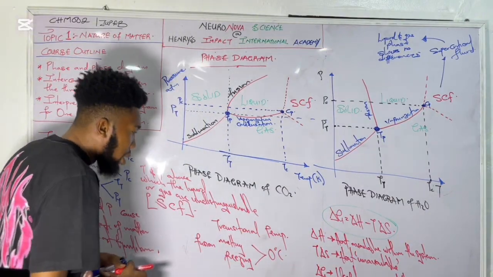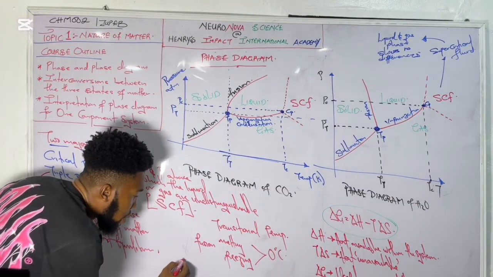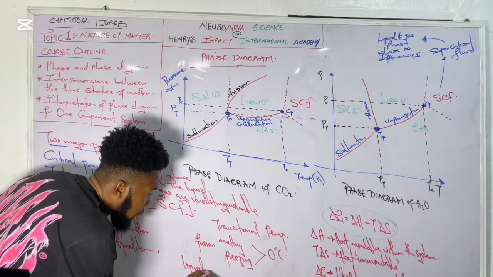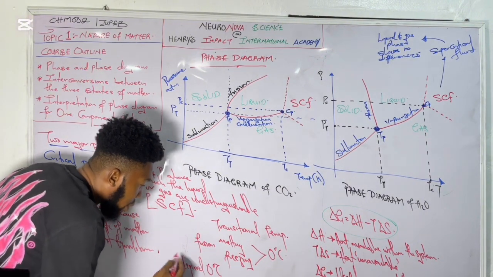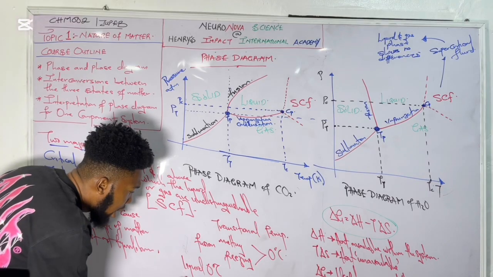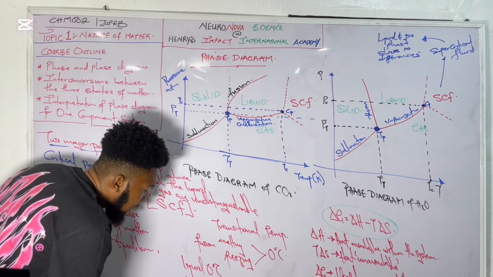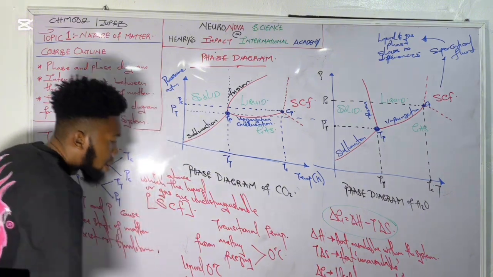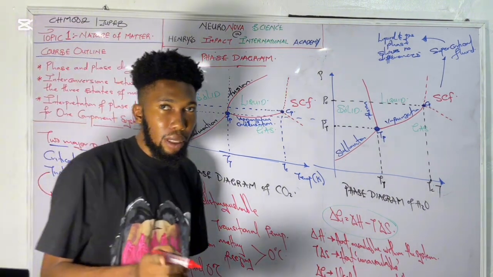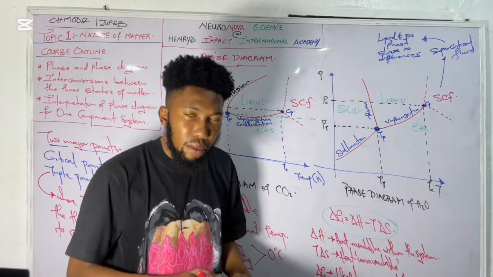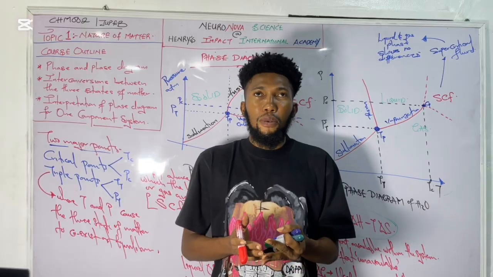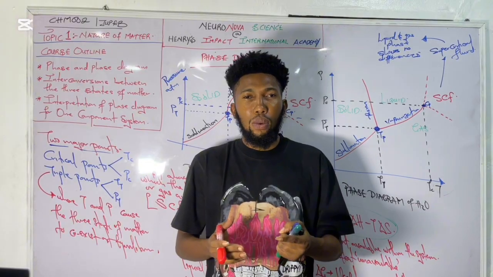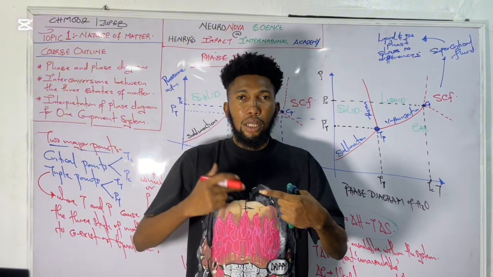So what are we trying to say? We're trying to say that we can have liquid water at 0 degrees Celsius, and we can also have ice at 0 degrees Celsius. Now the question is, when you have liquid at 0 or ice at 0, how do we know where the phase change is going to be favoring?